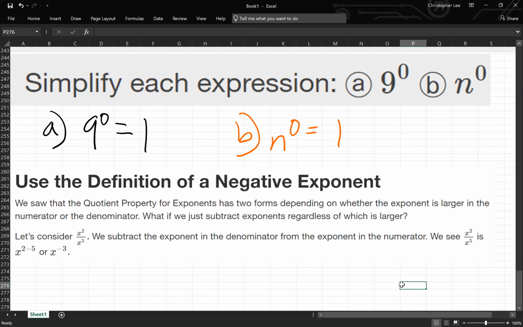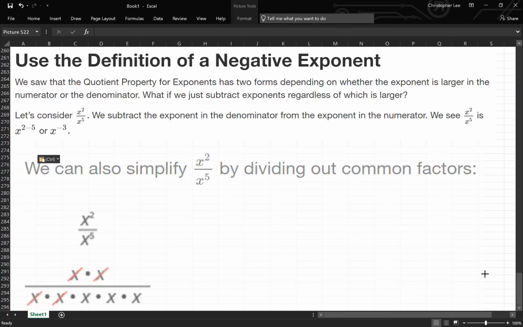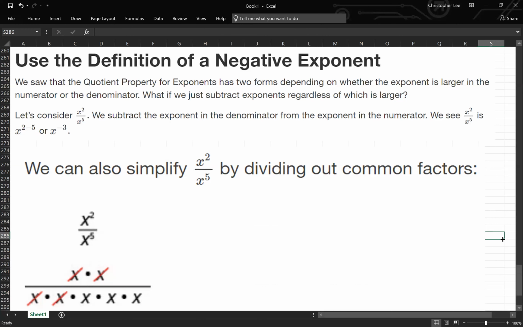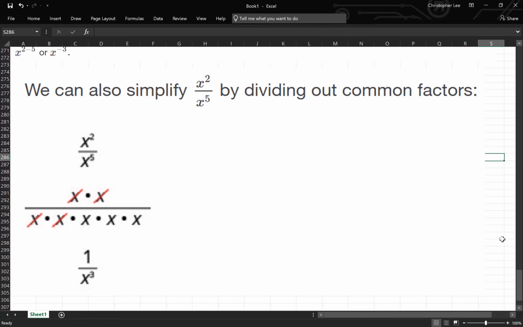But I do like to repeat myself, so I don't mind. We can also simplify x to the second divided by x to the fifth by dividing out the common factors. Basically that just means expanding the x to the second, expanding the x to the 5, crossing out the like terms, and what are you left with? 1 over x to the third.